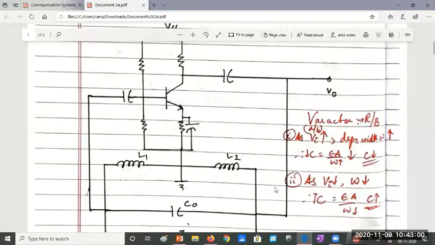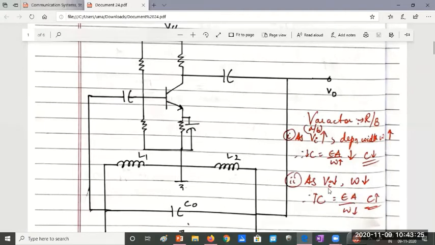So what happens to the capacitance? Capacitance is calculated as epsilon A by width. That width is written as W or D, whatever. Whenever I'm applying more reverse bias, the width of the depletion layer is increasing, so naturally the capacitance decreases. Similarly, vice versa.